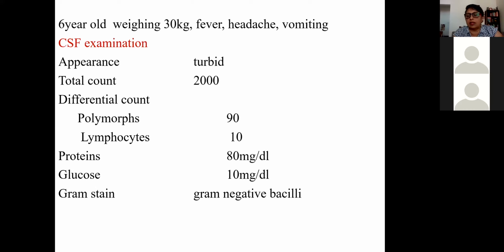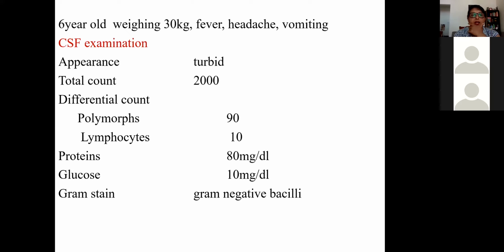When I was discussing the normal, you were able to see it, no? Then please tell me, this CSF is of what condition? Appearance is turbid and total count is 2000 cells. Is the appearance normal?